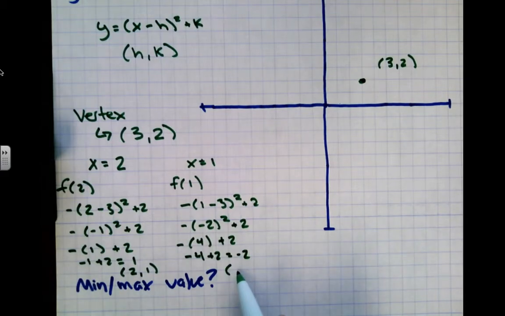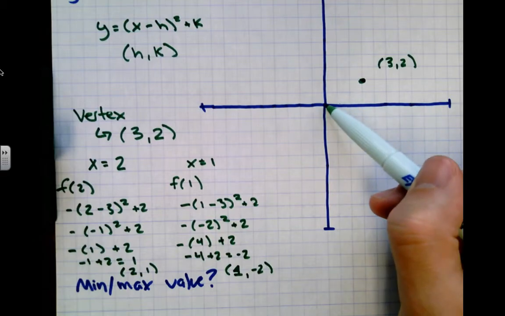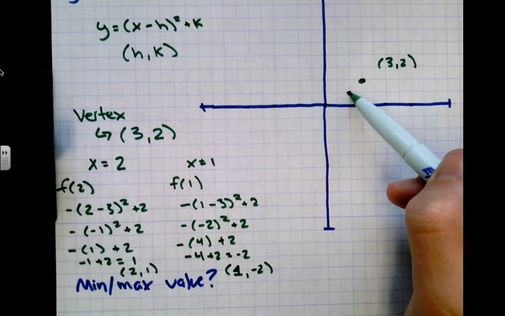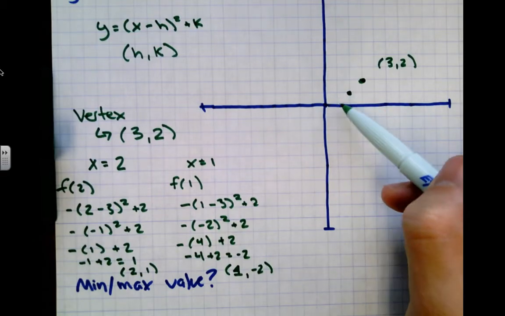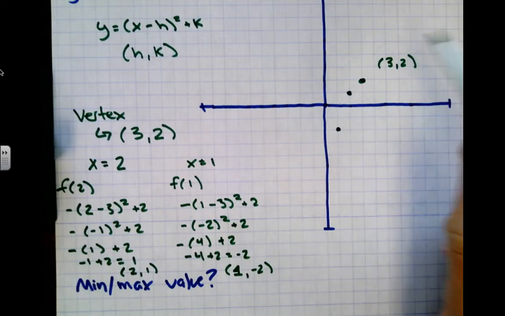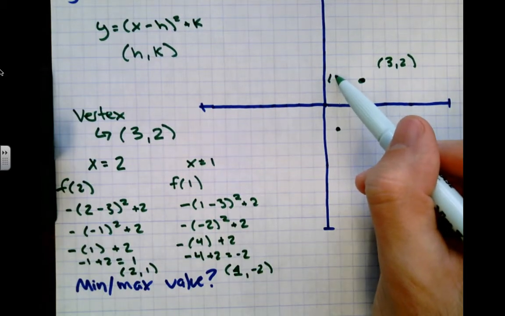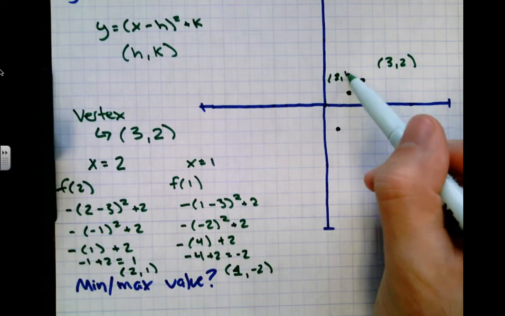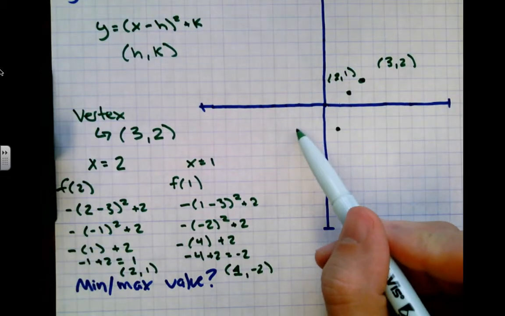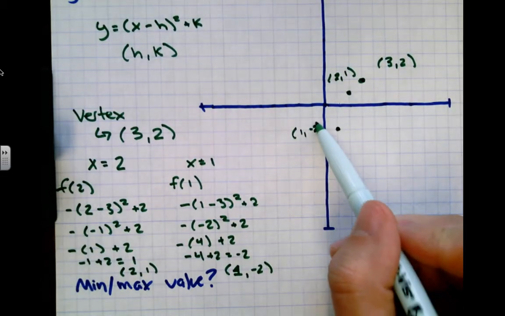So I should have the point positive 1 comma negative 2. So I'm going to take those 2 points and graph them on my graph. 2, 1, 2 to the right, 1 up. Next point, 1 over, and 2 down. And I can go ahead and label those points as well. 2, 1, and over here I have 1, negative 2.